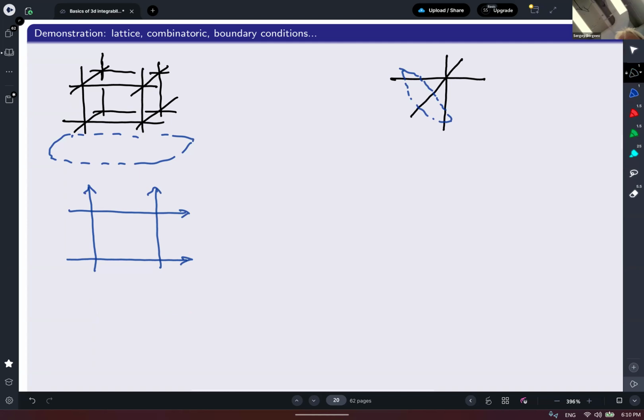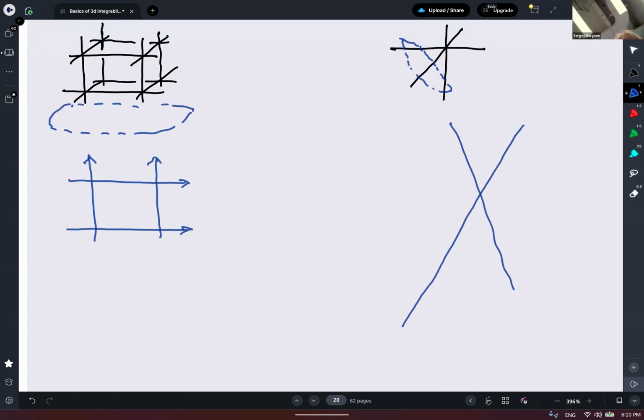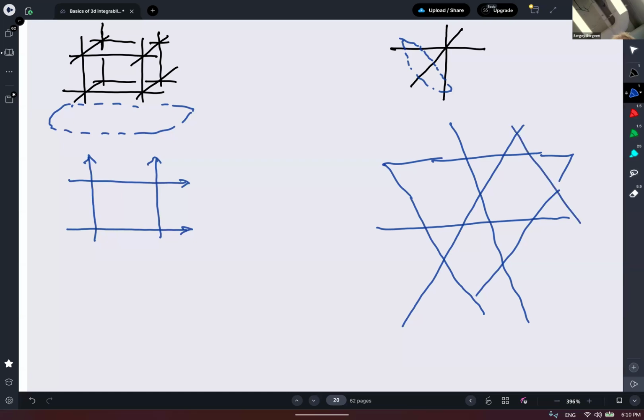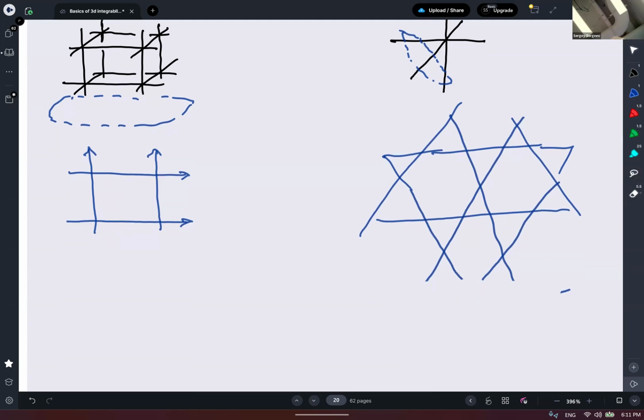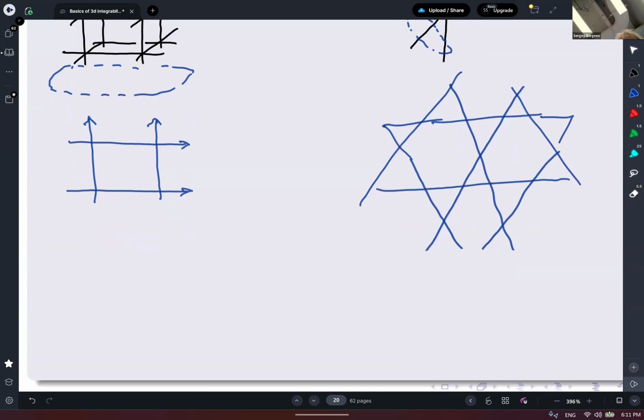I'll try to draw it. So we use blue lines like this, like this, like this. Well, also a two-dimensional lattice, but with a more complicated structure. Traditionally, this lattice is called the Kagome lattice.